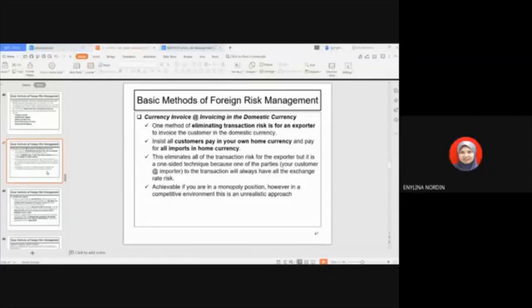So here we could say that the goal of the currency invoice strategy is only achievable if the company is in a monopoly position, and not in a competitive market. It's not effective if the company has competitors in the market. Why?